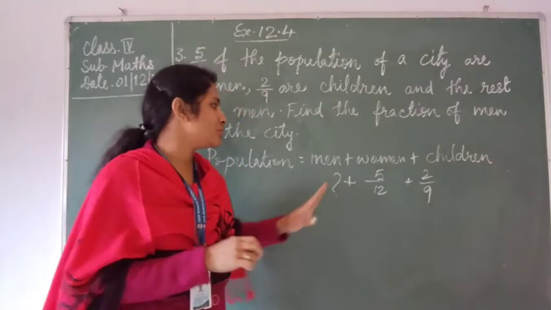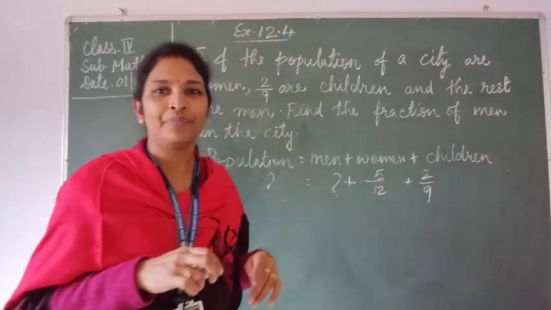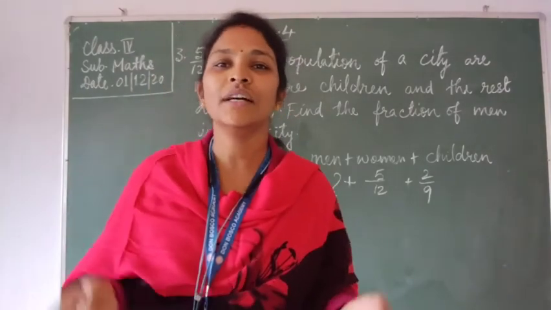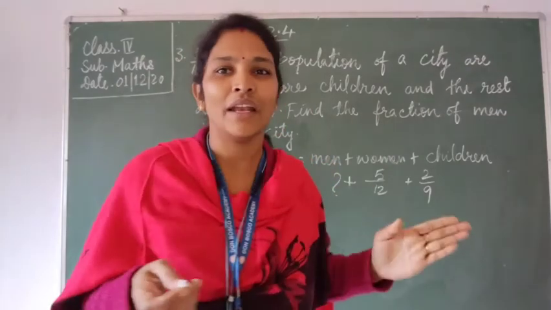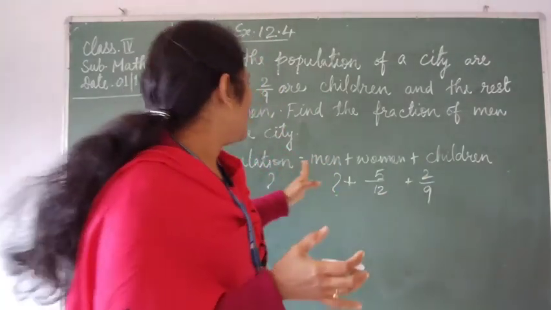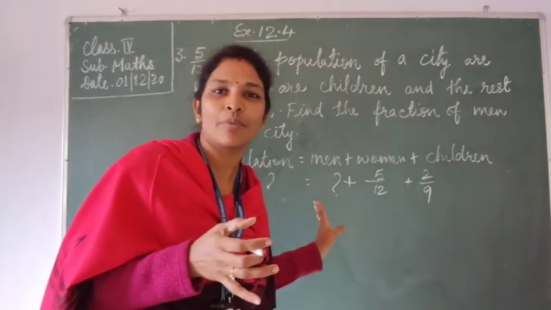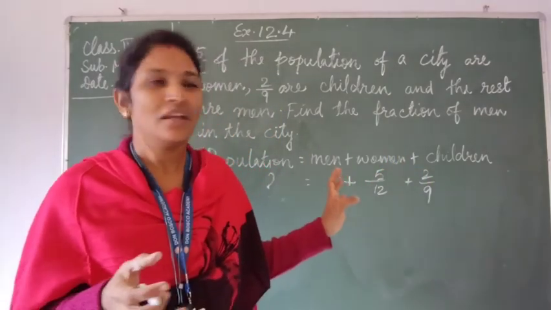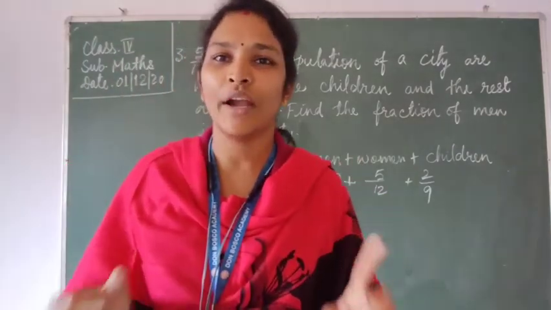When you add them together, we get the total population. But we don't know the total population, and we don't know the population of men. Then we can understand that when you add the number of men, women and children, we get the total population. We can imagine total population is equal to 1.